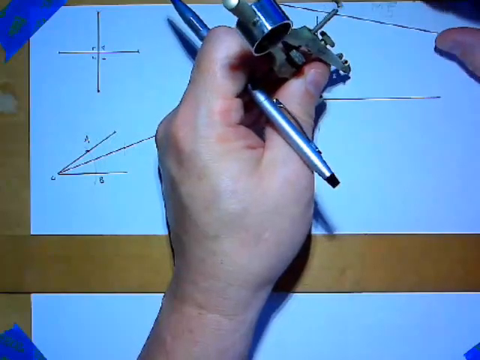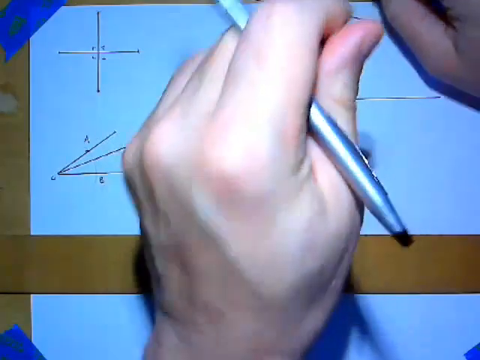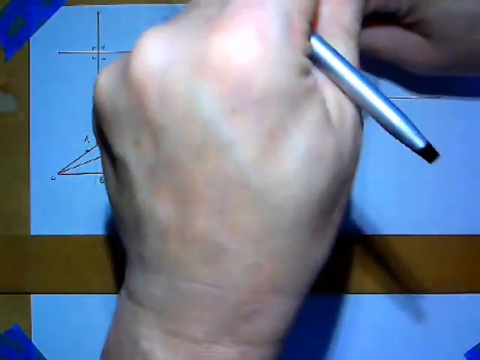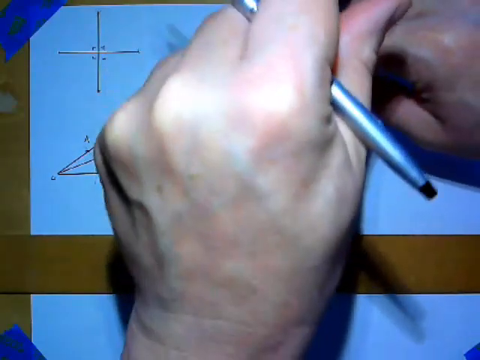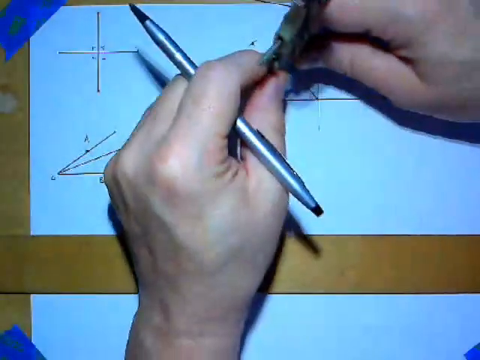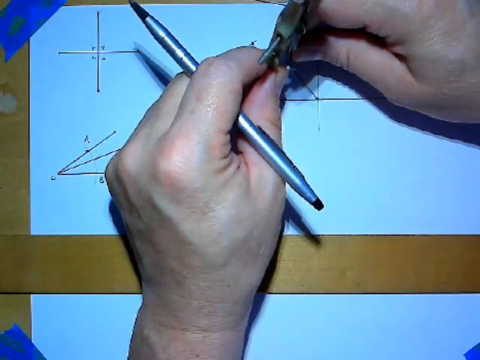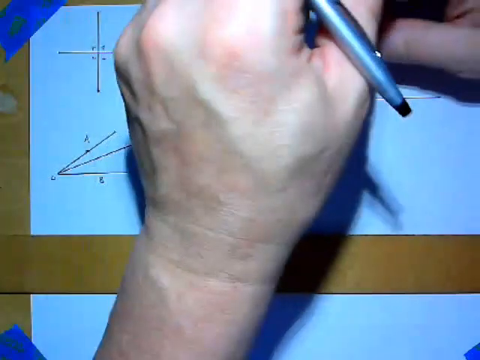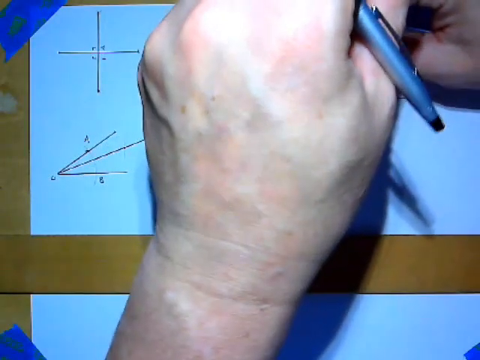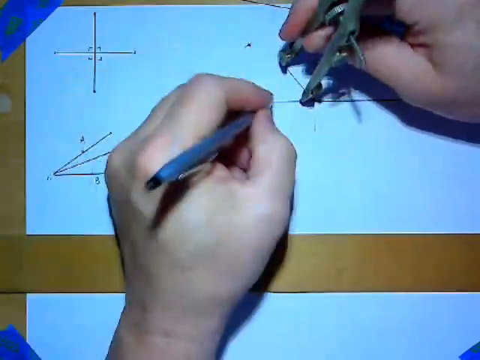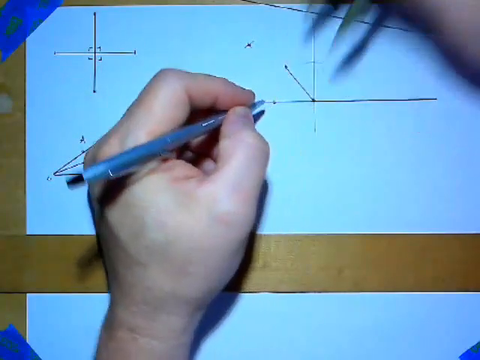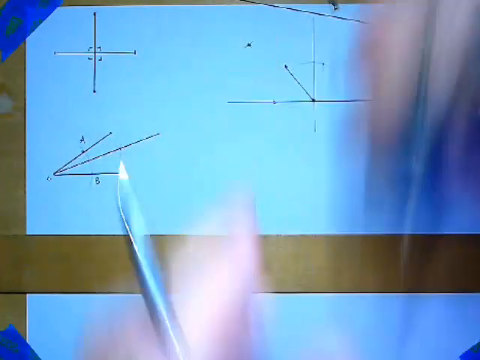So this is over half the way, so there. So I'm going to get the perpendicular bisector. So it turns out to be about here and there.